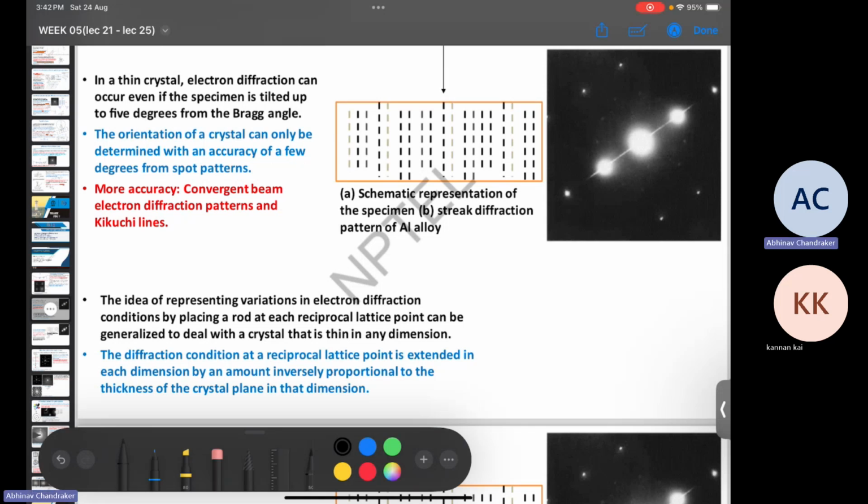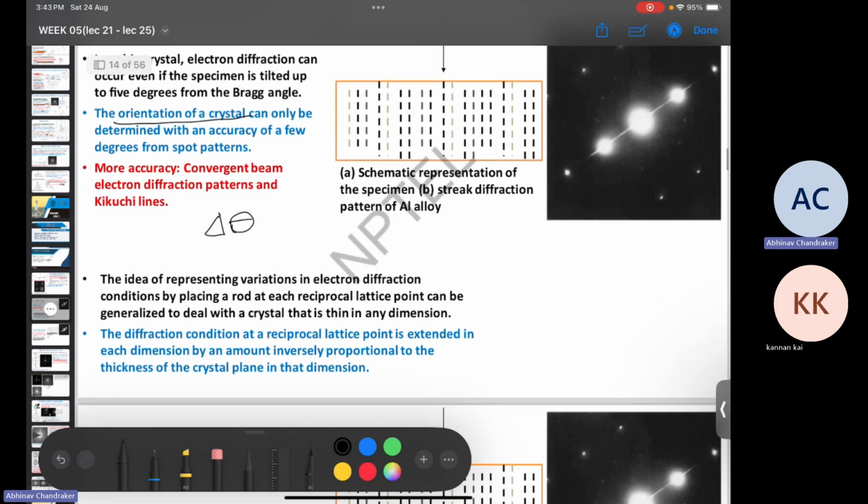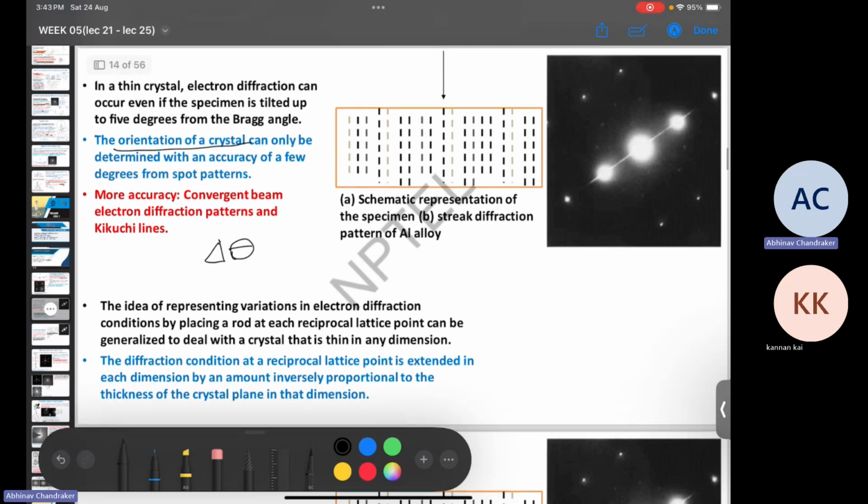Because of this phenomenon, since diffraction spots are visible even if there is some change in the angle theta, some delta theta exists, it will be difficult to know the exact orientation of the crystal which we are investigating. So there are some other techniques which can be used to get this information about the orientation of the crystal.